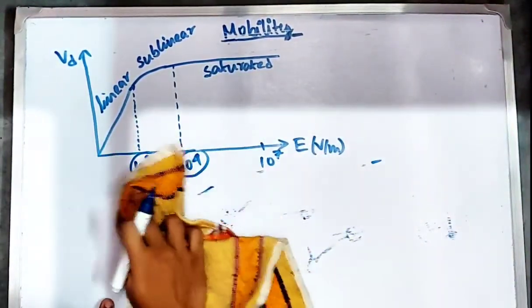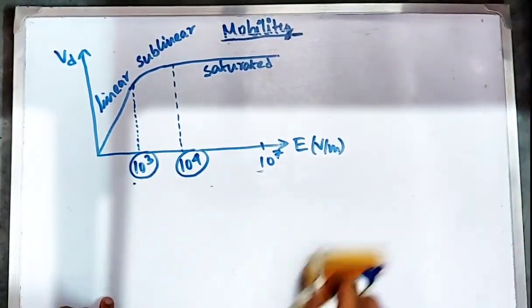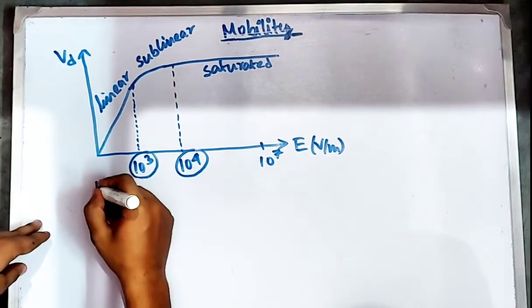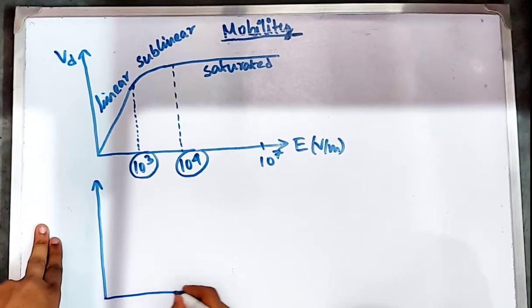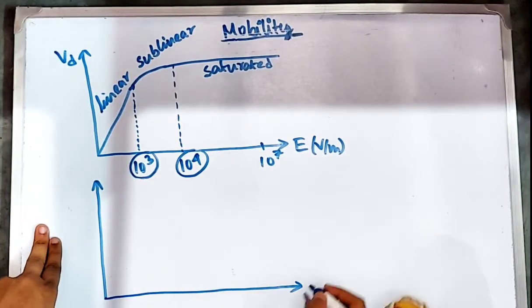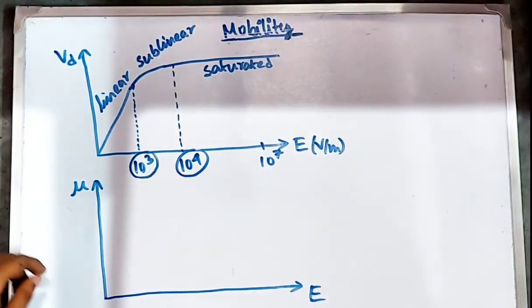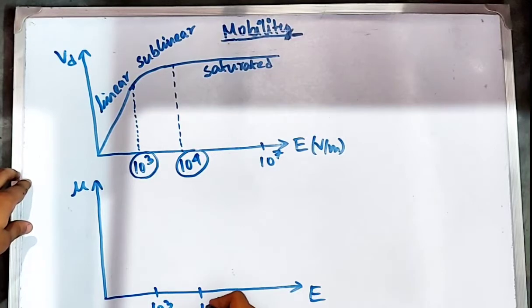Now from this plot we will try to plot the mobility versus electric field. So this is 10 to the power 3, 10 to the power 4, and this is 10 to the power 7.